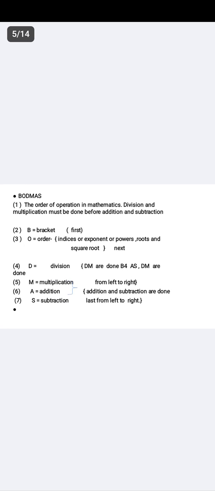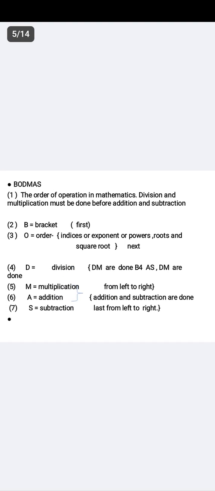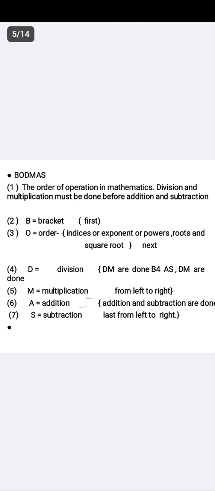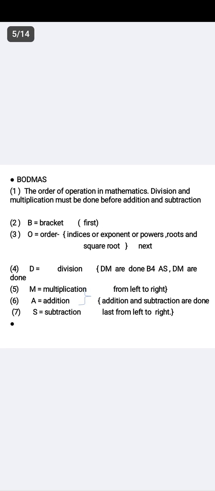Yes, we are going to take a look at what is known as BODMAS, the acronym BODMAS. There's no way we can do fractions without rehearsing BODMAS. BODMAS, simply put, is the order of operations in mathematics, especially where you have different operators.